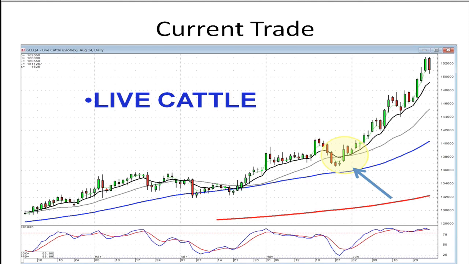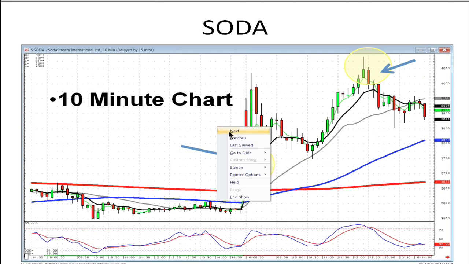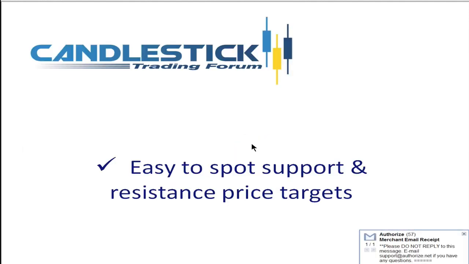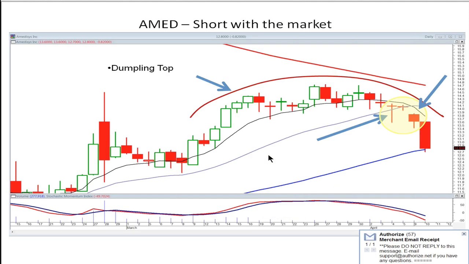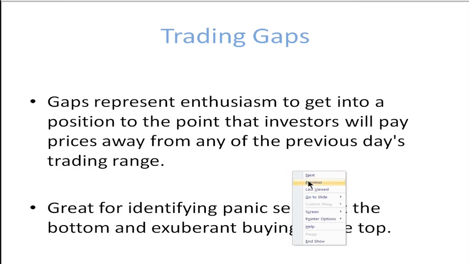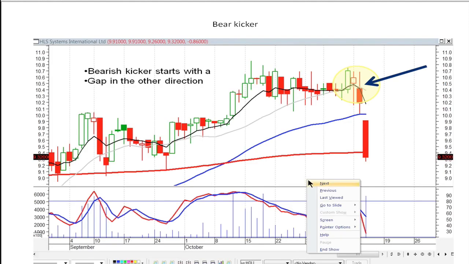Can you show the kicker? Okay, let's see. I forget how far up the kicker signals were. There they are.